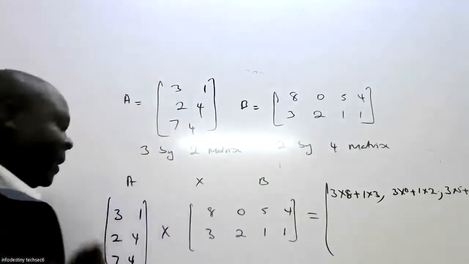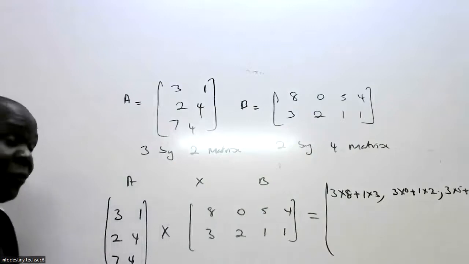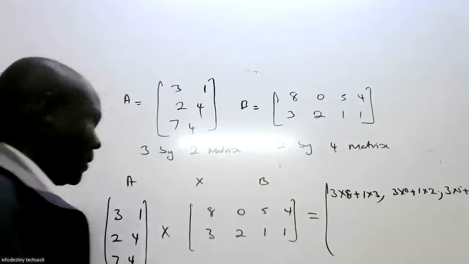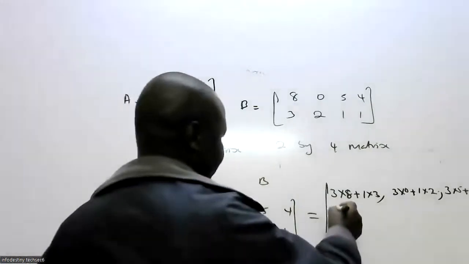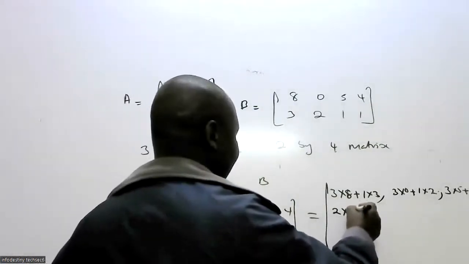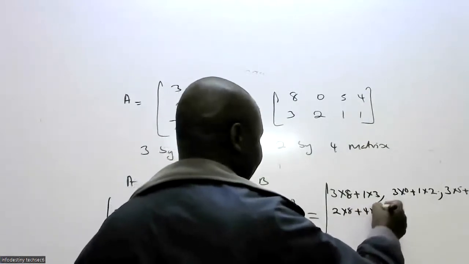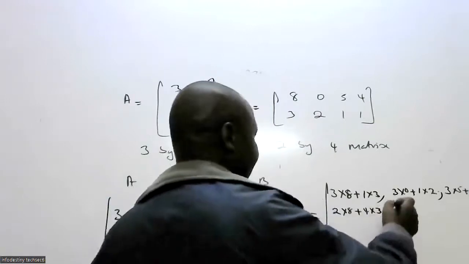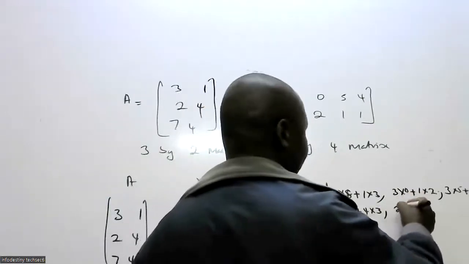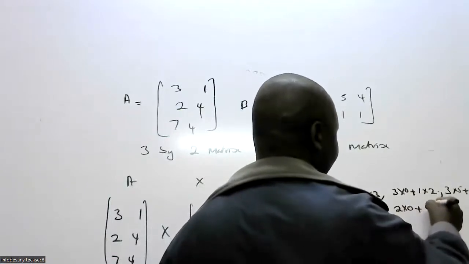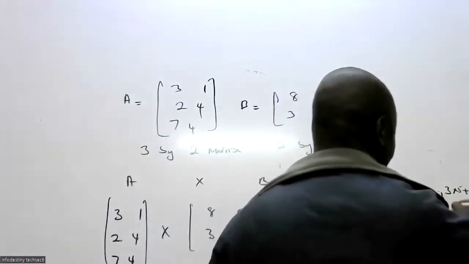We come to the second row now. That's why I say Roman Catholic. I take 2 times 8 plus 4 times 3. Then 2 times 0 plus 4 times 2.